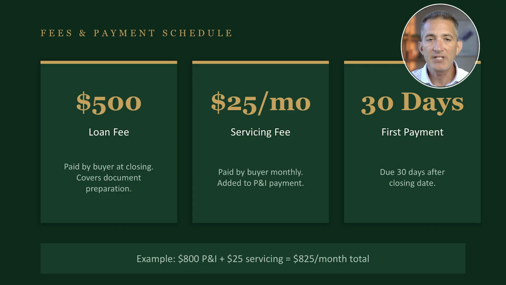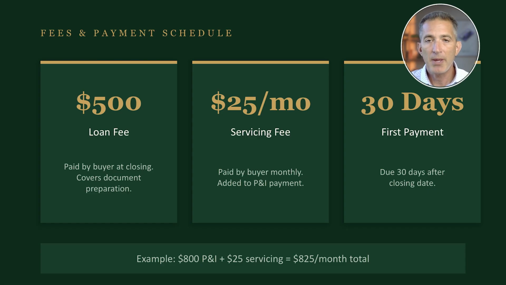Now let's talk about the fees you should charge. First, charge a $500 loan fee at closing. This covers the costs of document preparation and compensates you for the work of setting up the loan. The buyer pays this at closing. Second, the first payment is due 30 days after the closing date. This is standard. You close on the 15th of the month, first payment is due on the 15th of the next month.